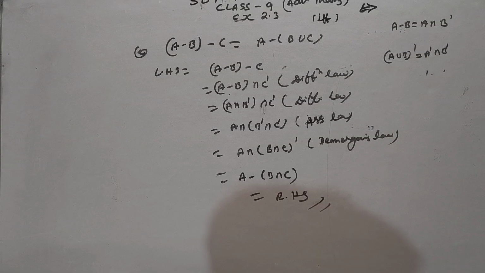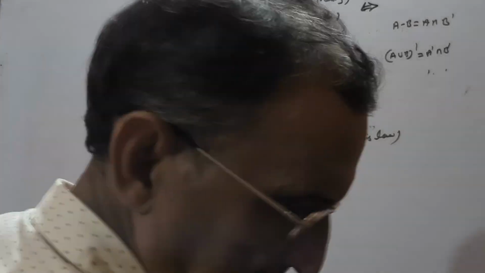Okay, then next number 2. Number 1 is the same thing, number B is a property only, and number C is a property only. I have done these. Number D is also a property, number E also a property. So number 2 we have almost done here. So we will go to number 3 now.